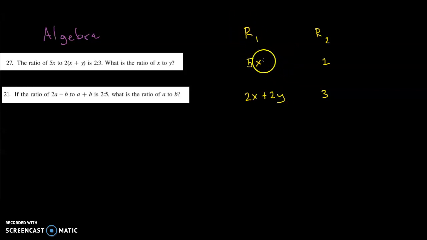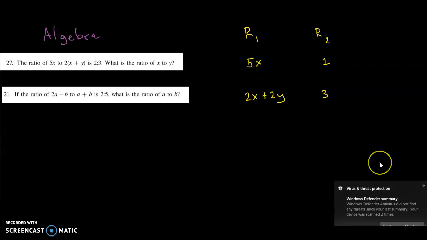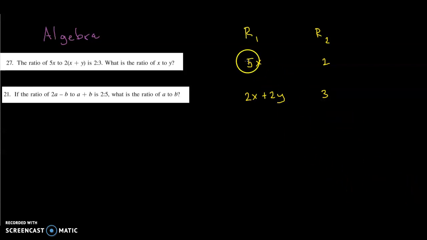These are relatively fast. So for example, 5x times 3, that's 15x. Okay, so we cross multiply this and that is equal to 2 times this. Well, just remember, if it's 2 times both of these things, we have to multiply both of those terms by 2. So that gets us to 4x plus 4y.